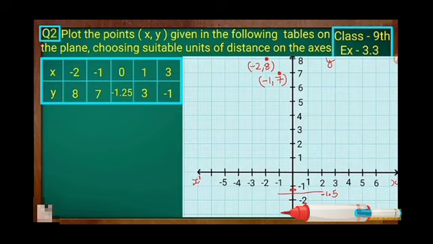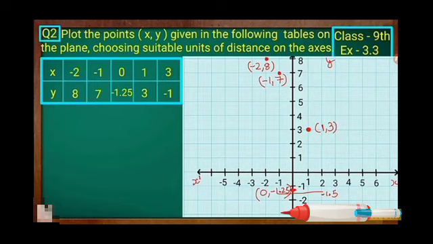Half of the 1 unit is 0.5. So this is -1.25, it is near about -1.3. You have to count 3 boxes after the -1. Because it is -1.25, when we round it, it becomes -1.3.